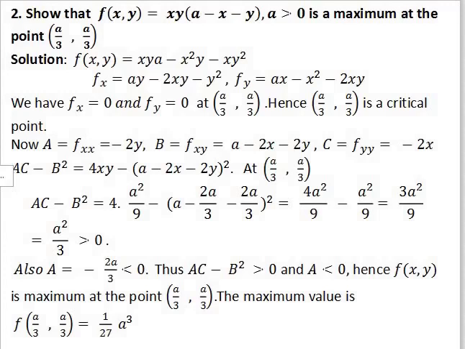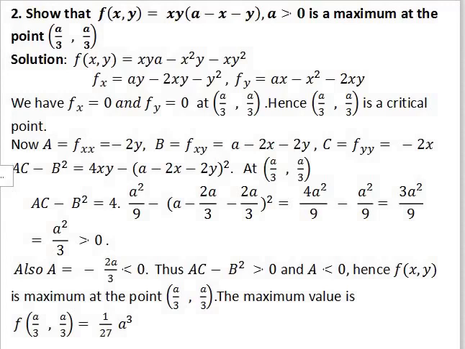Then we compute AC - B². That is AC = (-2y)(-2x) = 4xy, minus B² = (a - 2x - 2y)². At the point (a/3, a/3), put x = a/3 and y = a/3.